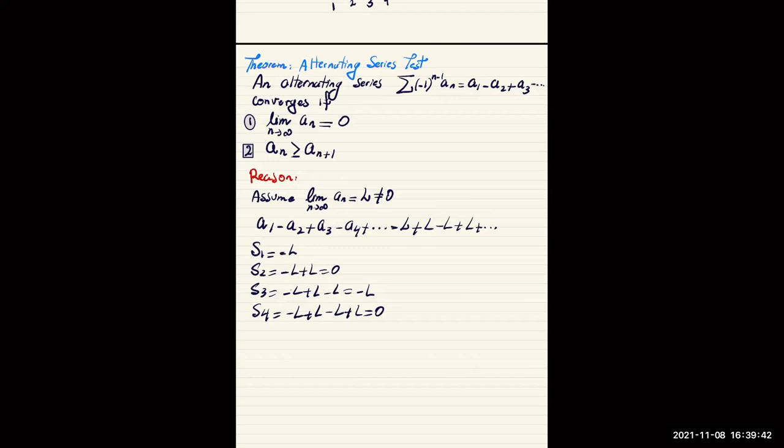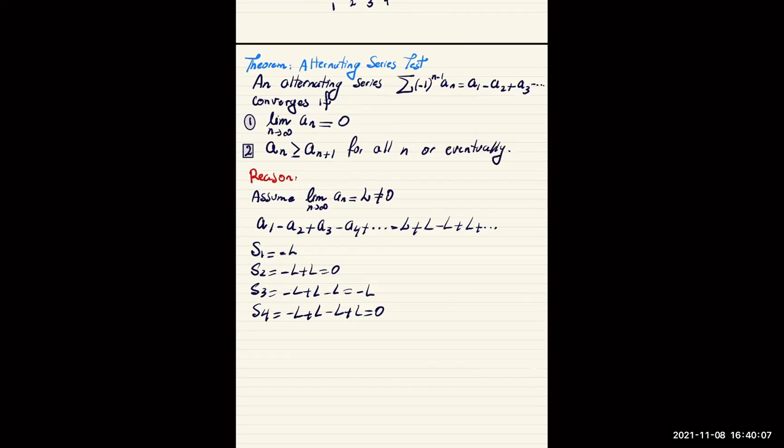Just think about it. If a term is larger than the next term, then the sequence is a decreasing sequence. With the equality, it means non-increasing. So this should be true for all n or eventually.